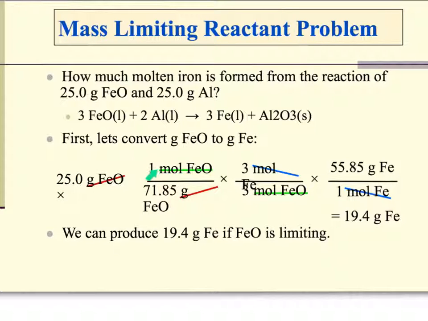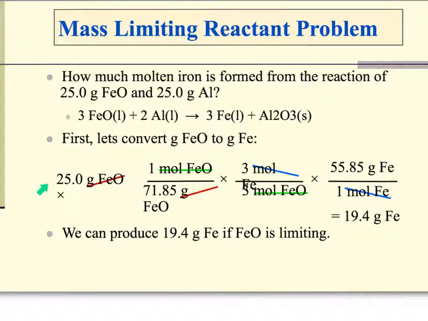So we have our given mass of iron 2 oxide. We have 1 mole of iron 2 oxide over the mass of iron 2 oxide from the periodic table. Notice that we are using our coefficients from our balanced equation. Then we have the mass of iron over 1 mole.